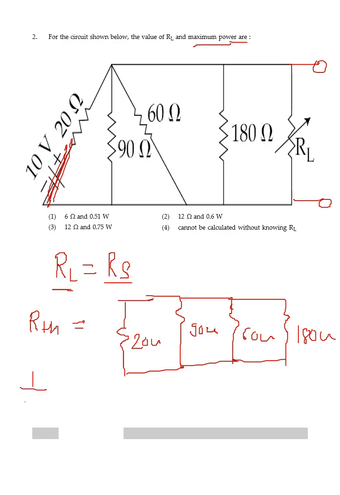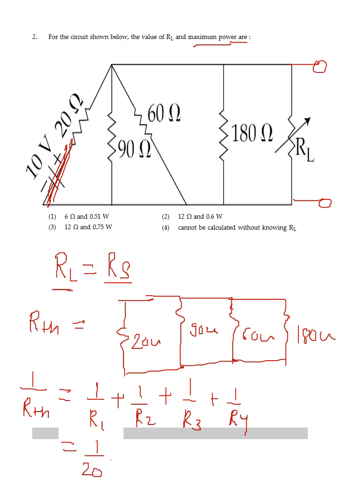We can find it using the formula 1 by RTH equals 1 by R1 plus 1 by R2 plus 1 by R3 plus 1 by R4, and I can write it as 1 by 20 plus 1 by 90 plus 1 by 60 plus 1 by 180. If we calculate it, we get 12 ohm. So two options have been eliminated, this one and this one.